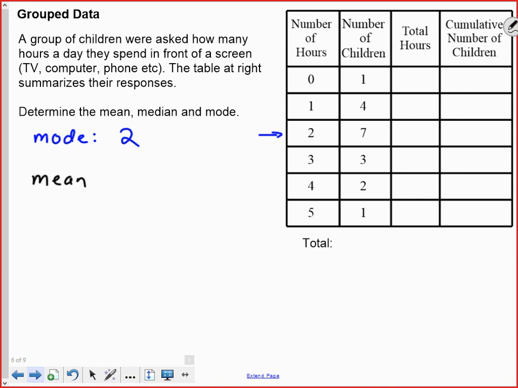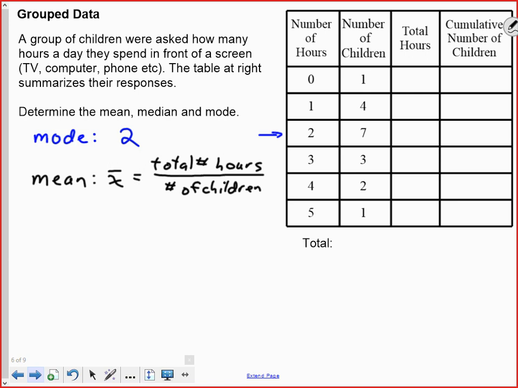How can we calculate our mean? Well, the mean value is the total number of hours divided by the number of children. We can find both of those things from the table that we have.